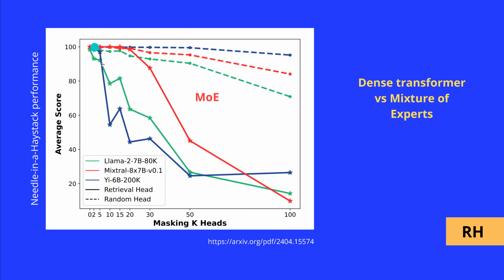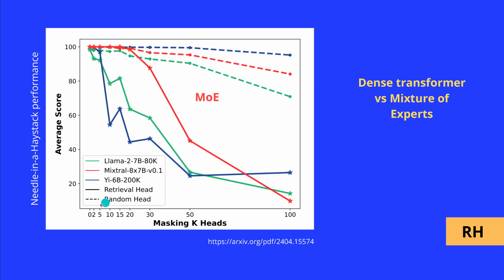Of course, if you have 8 experts in our mixture of experts system, you see the red line stays almost horizontal till we reach about 20 masked specific heads, and then it starts to decline. Of course, we have 8 different experts. So you see, between a dense transformer architecture and a mixture of experts system, there's an interesting difference.